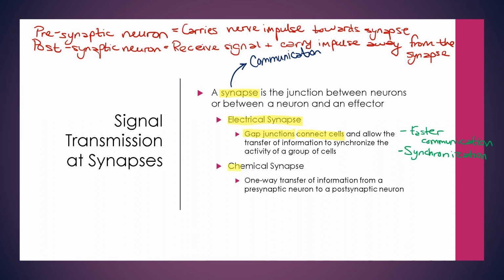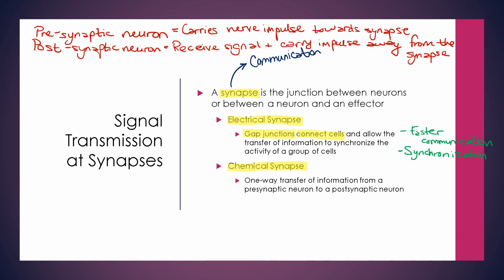Then we have the chemical synapse, the ones that we're more familiar with. This is when the pre- and postsynaptic neurons are really close to one another, but they don't actually touch. They're separated by the synaptic cleft, which is filled with interstitial fluid.